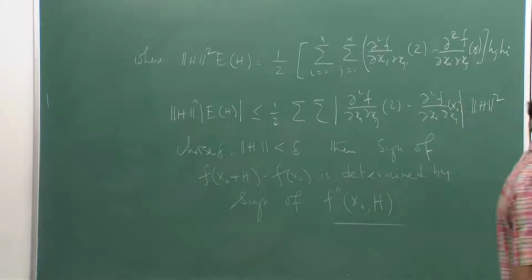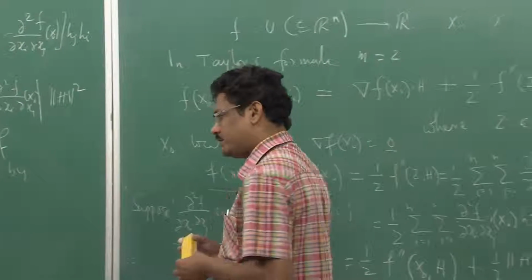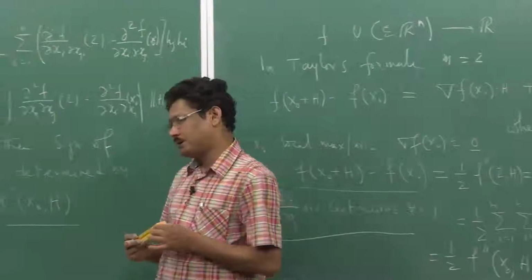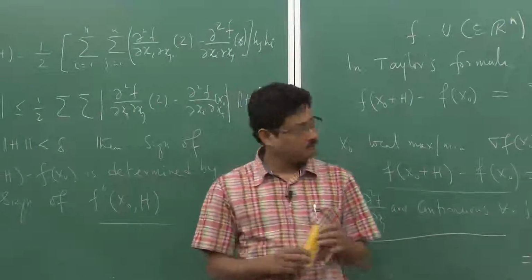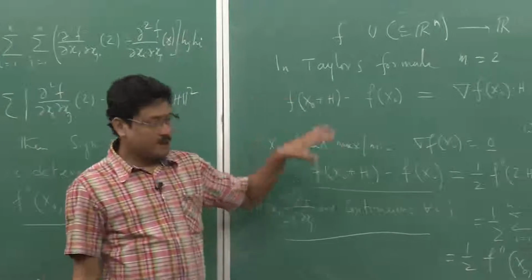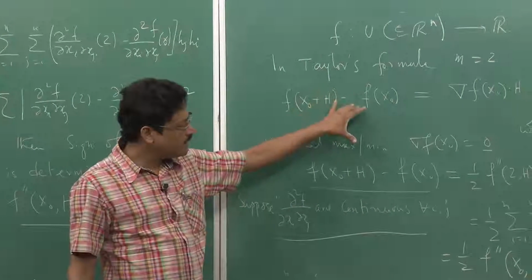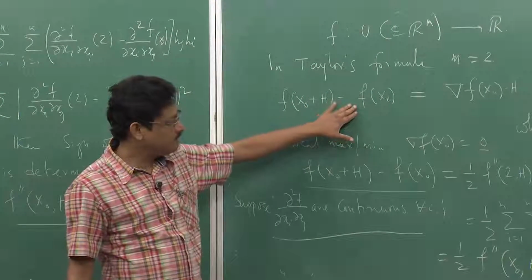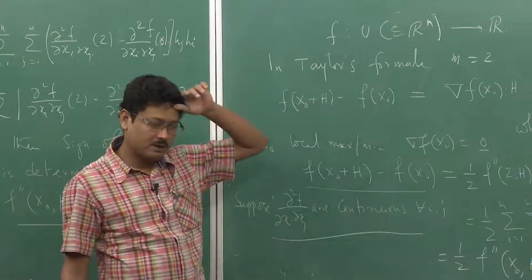Okay. So, that is it. This is the informal explanation of why, for maxima and minima, the sign is determined by the second derivative.